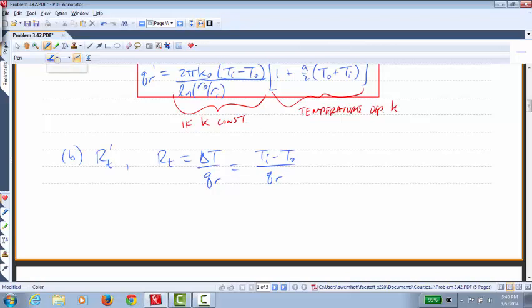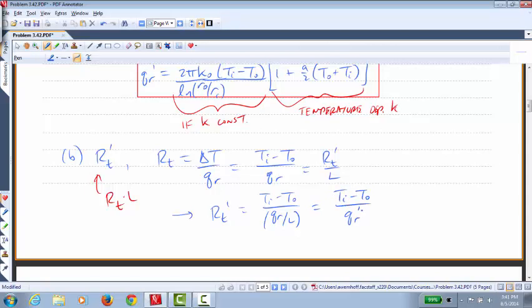Now R_t we defined as R_t prime times L. So what we can do then is say that R_t is R_t prime divided by L. And we can rearrange this now as R_t prime is going to be T_i minus T_o over q_r divided by L, which gives us T_i minus T_o over q_r prime.